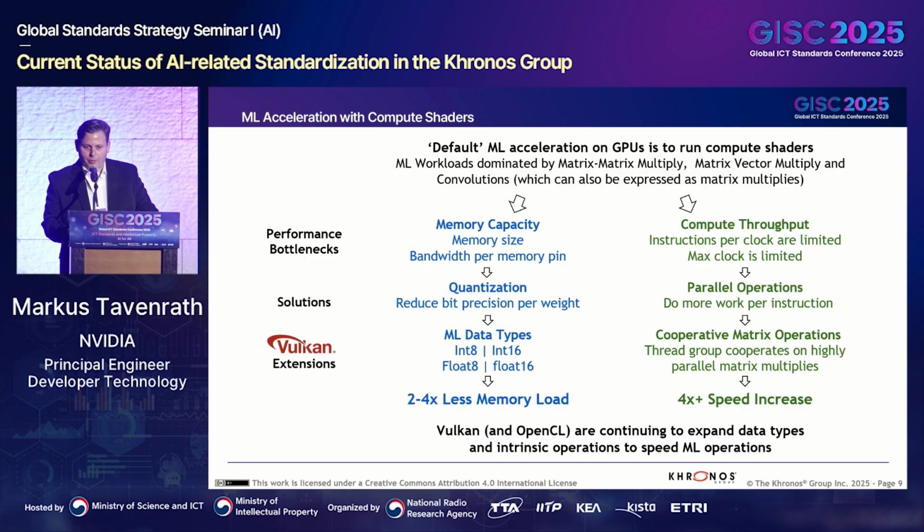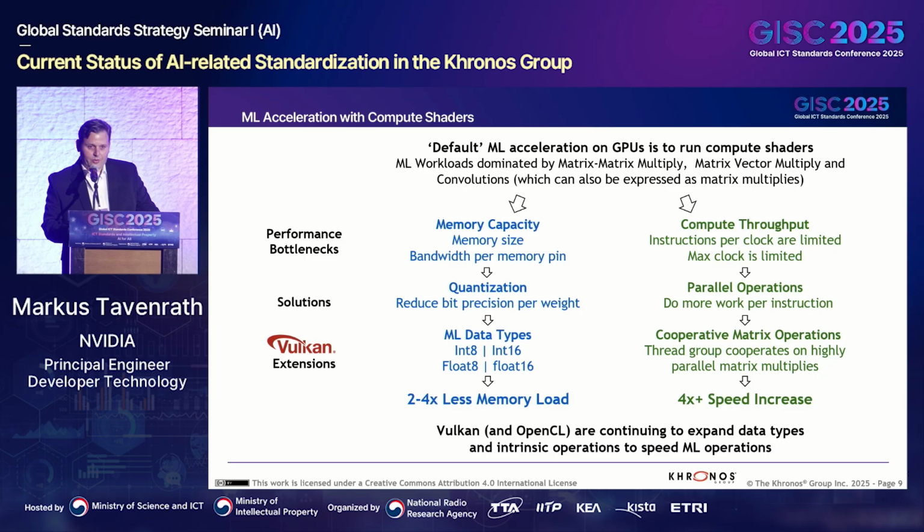On the other hand, we have compute throughput. On a chip, the number of instructions per clock is limited, and the maximum clock is limited. We can't just ramp it up wherever we want to. So the way to go is parallel operations. We want to execute more operations with a single instruction. And the solution to this is cooperative matrix operations. The idea is that a single group of threads operates on highly optimized parallel matrix multiplies.